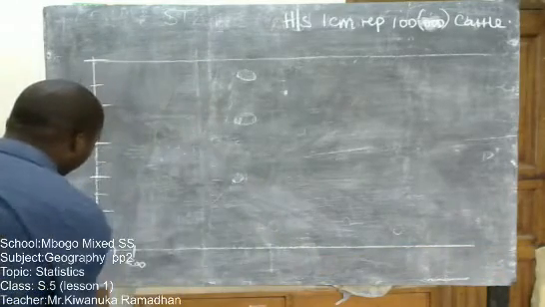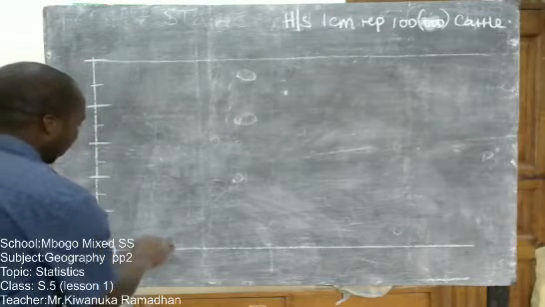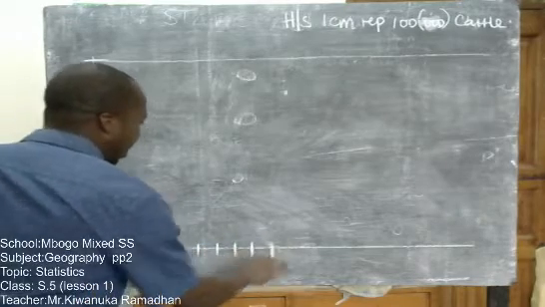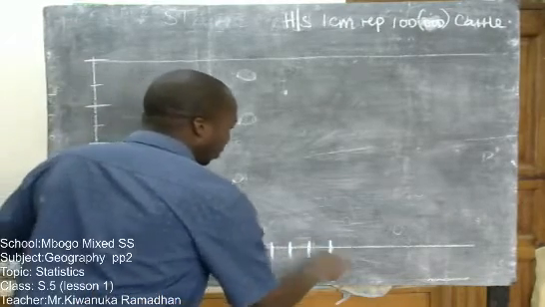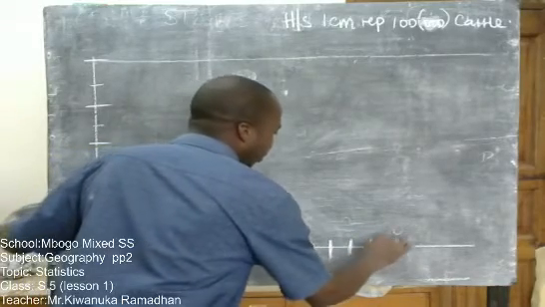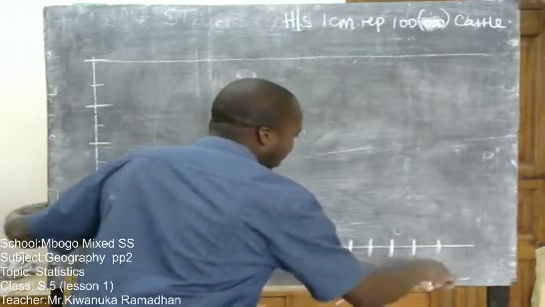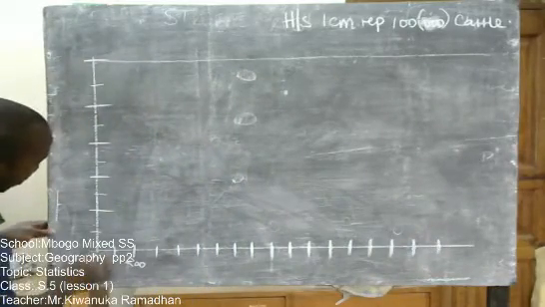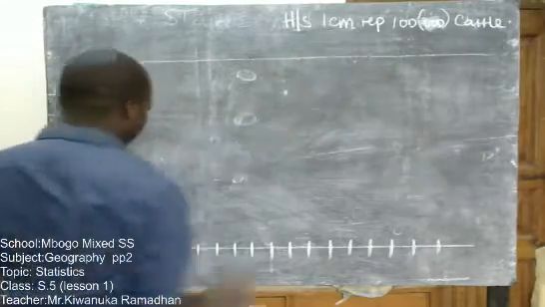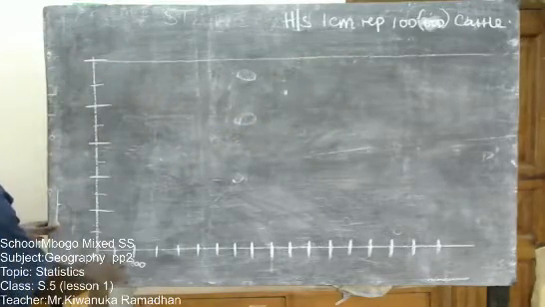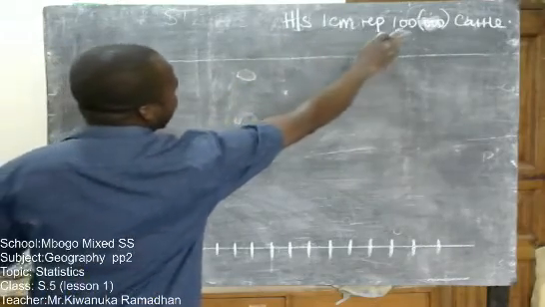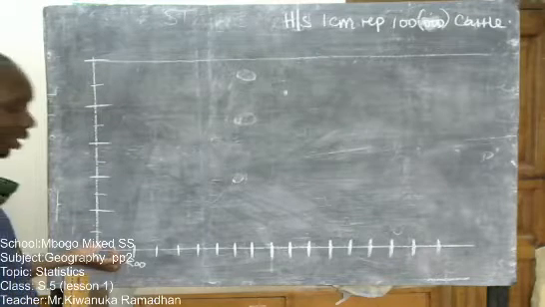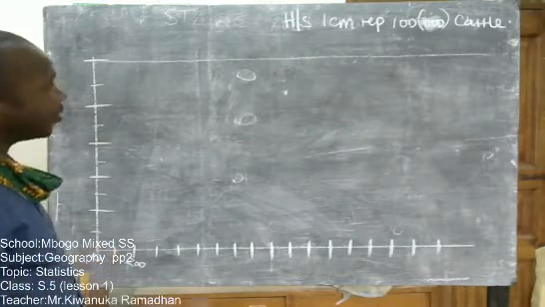We break them. This is 1, 2, say 3, 4, 5, 6, 7, 8, 9, 10, 11, 12, 13, 14, 15, say 16, 17 there. We have to transfer this scale that 1 centimeter represents 100 thousands. This is our 1 centimeter. It is representing 100 thousands.